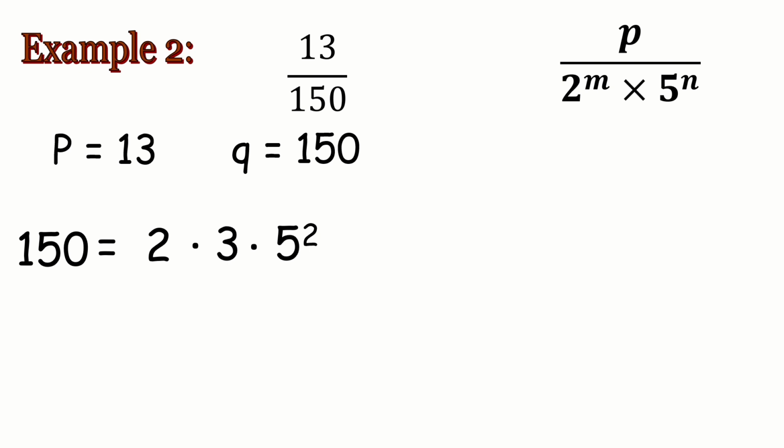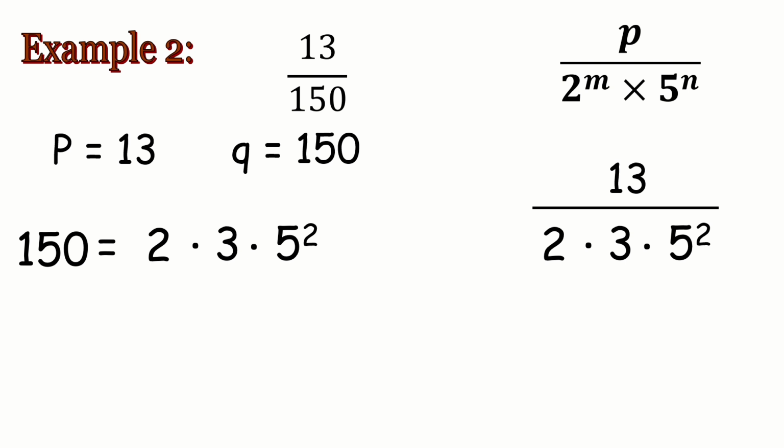So these are the factors to get 150. And our numerator is 13. Now, is this a terminating decimal? No. Why?